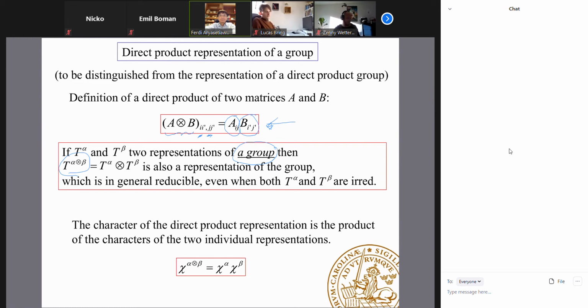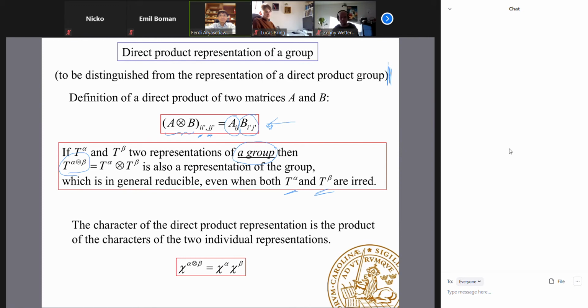So even when both T^alpha and T^beta are irreducible, it is reducible in general. This is again to be distinguished from the one we had before, where we have two groups and form a direct product of these two groups. In that case, the irreducible representation of this direct product group is simply given by the direct product of the two irreducible representations of the two individual groups.